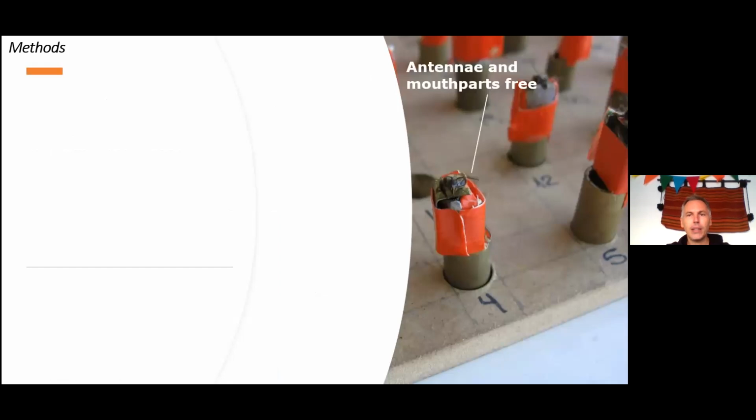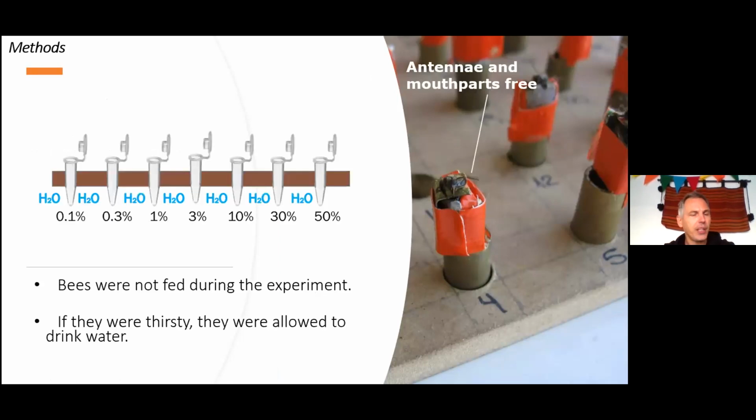She harnessed the bees in those metal tubes, leaving the antennae and mouth parts of the bees free for the stimulation, and she proceeded to make this protocol to estimate the sucrose sensitivities of this group of bees.